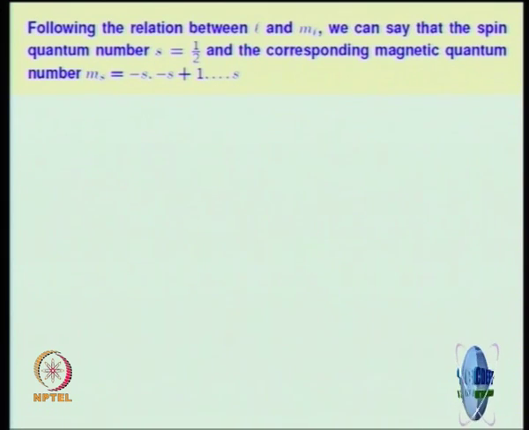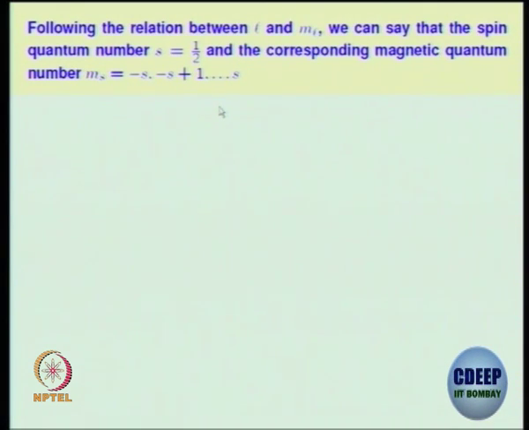Just like your orbital angular momentum L, azimuthal quantum number l and ml, you have S, which is always half for electrons, and you will have an ms which goes from minus s to plus s. If s is half, then it goes from minus half to plus half.